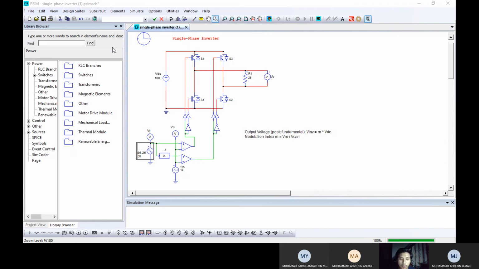We need to get the PWM from Vout, the output voltage. As for the PWM, we refer to question C. Just like question C, we need to adjust the axis. That's all for me.